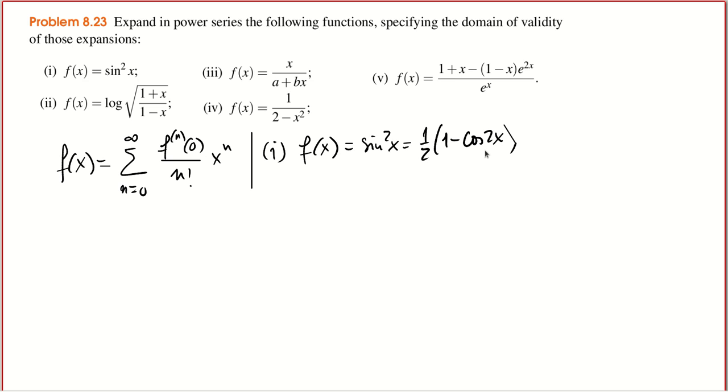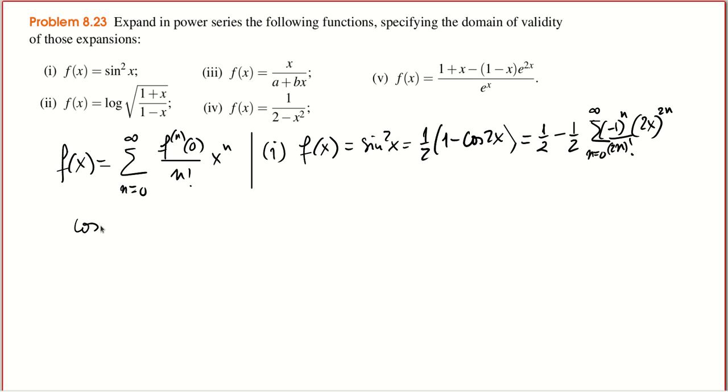Now, this is a much better way of expressing the function to use a series, because what we have here is 1/2 minus 1/2 times the series of the cosine of 2x, which is the sum from 0 to infinity of (-1)^n over (2n)! times (2x)^(2n).